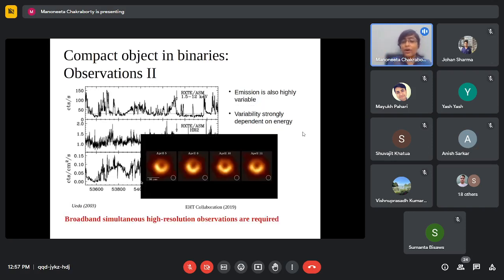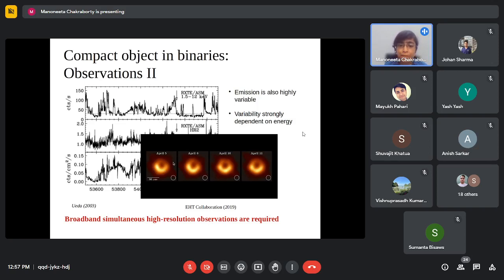And not just that, we all have seen the very famous image of the black hole, and no compact object talk is complete without it, which was a seminal development. Though this is a supermassive black hole, still it's a black hole at the end. And this image of the black hole that we all famously saw a few years back, of course, excited us. But at the same time, you should also remember that the black hole image is not one single image, but they did take images over different days.